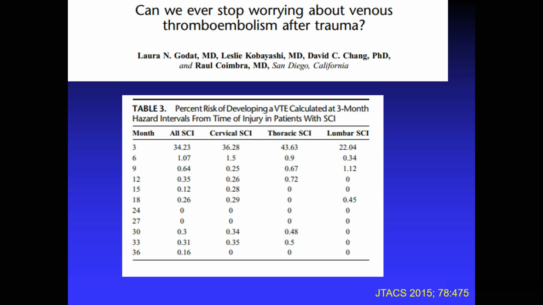But the highest risk was at 3 months, the first 3 months. By 6 months, the risk, you can see, has declined significantly. Although it never quite gets back to the general population baseline of 0.1 to 0.2%, it does get significantly lower after 3 to 6 months.